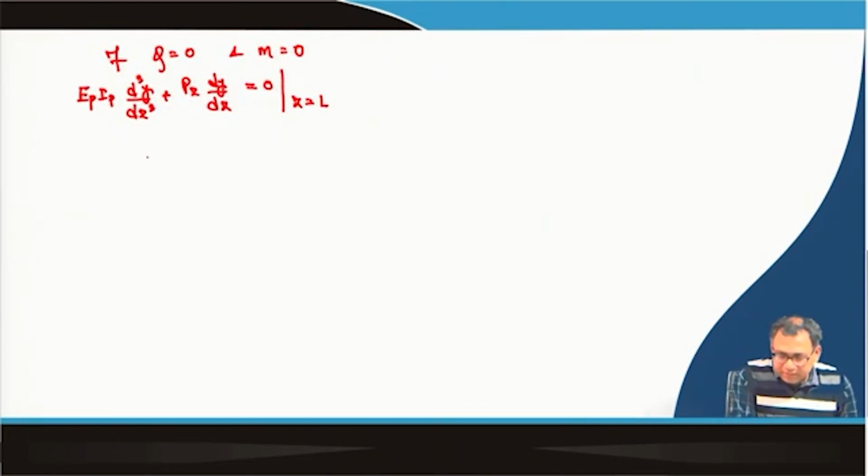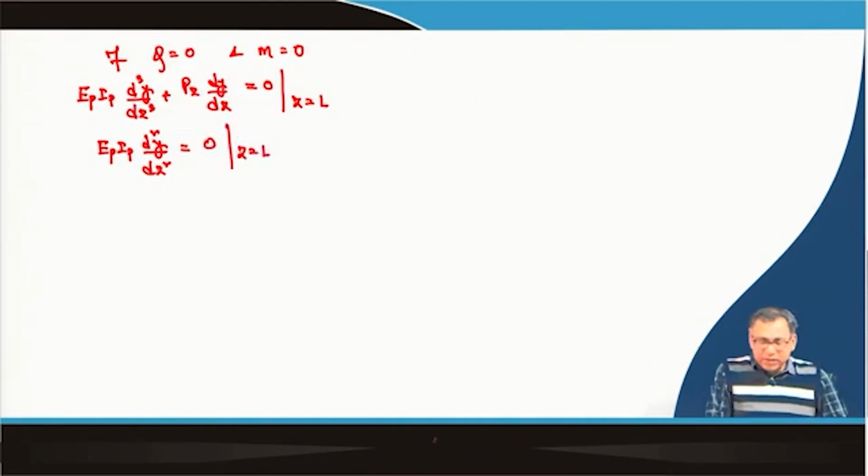Similarly, for moment equal to 0, I can write E_p I_p d²y/dz² will be 0 at z equal to L.